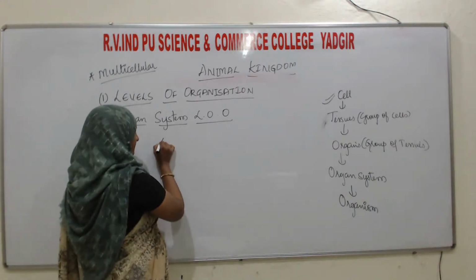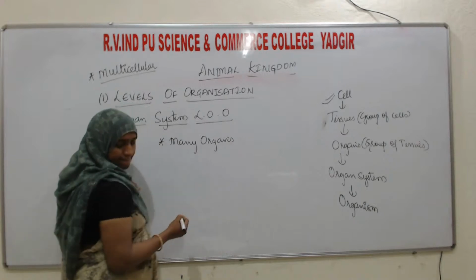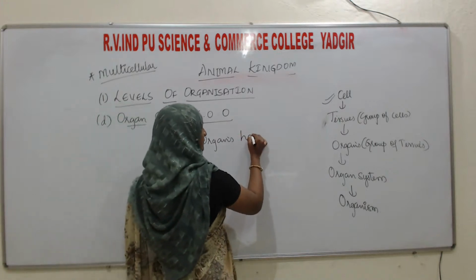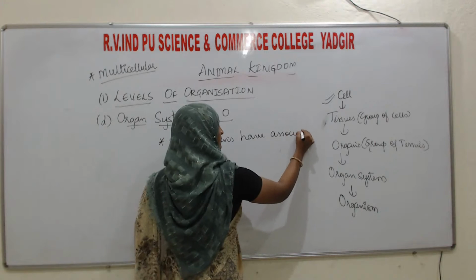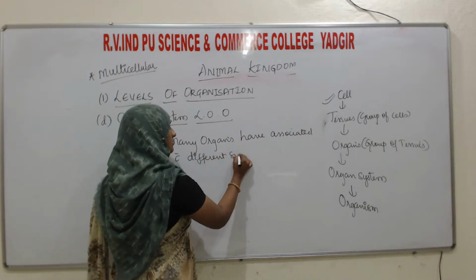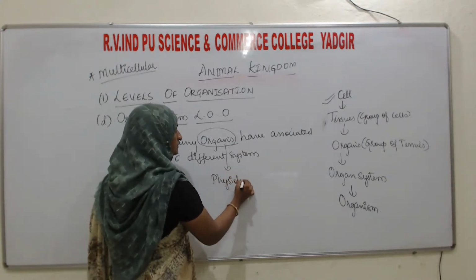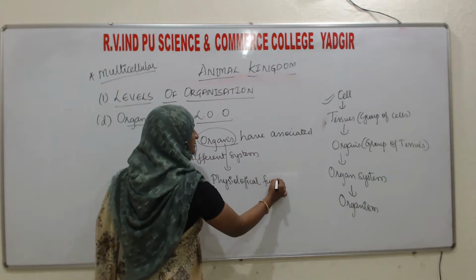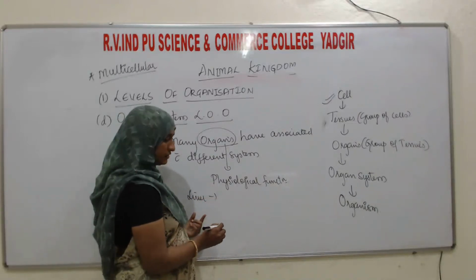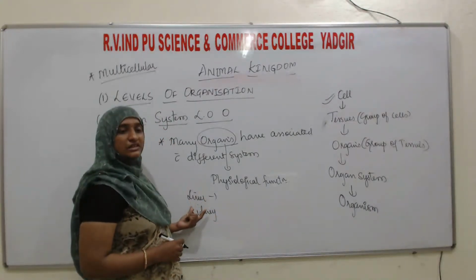Many organs are associated with different systems, and these organs perform various physiological functions. For example, the liver will perform a different function, and the kidney will perform a different function, that is excretion, while the liver secretes bile juice.